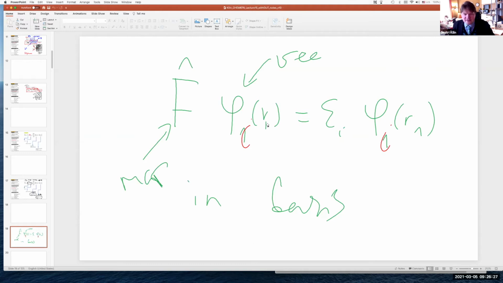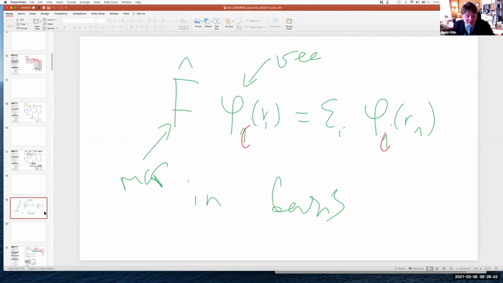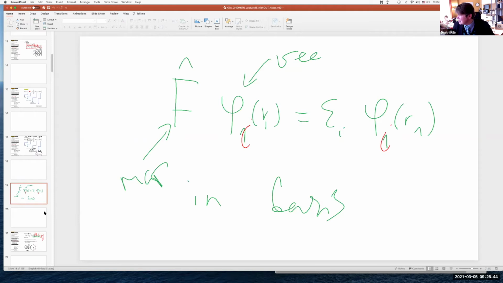And this phi, I apologize for a little scratchy notes. I promise to myself to improve them from year to year. So this phi depends on r, the position of one electron in space, which is correct, but computationally not efficient.